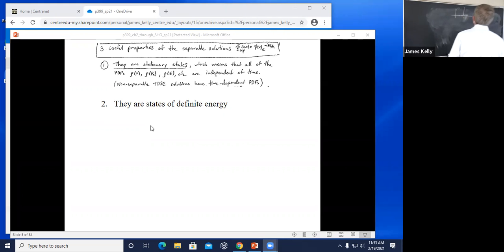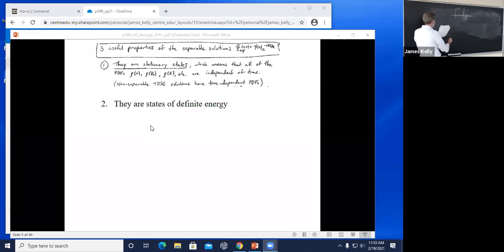So if these are states of definite energy, when I'm imagining rho as a function of E, it should just be peaked at a particular value, and the uncertainty, or the standard deviation, as Griffiths writes it, should be 0. Let's check that. We're going to eventually calculate sigma of H, and we want to show that that's 0.